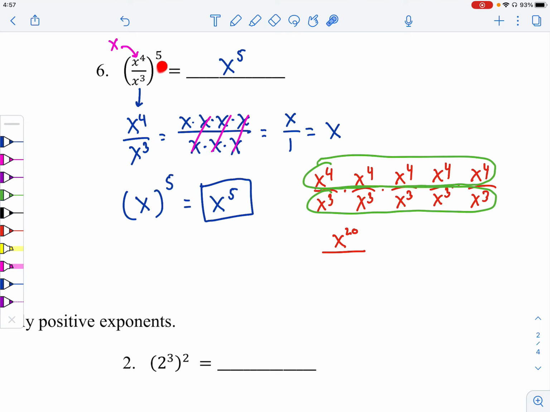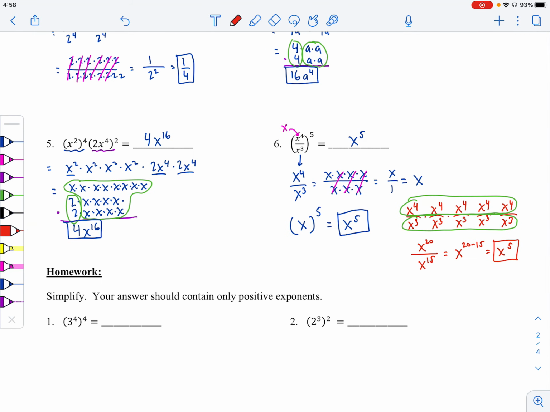We got 5 of them. So that's going to be x to the 15th power. And our shortcut, you guys can see, right? So the 20 on the top, 15 on the bottom, they're going to cancel, right? So it's 20 minus 15, x to the 5th power, right? Because there's 5 extra on the top, right? So same thing. So there's different ways to do this.